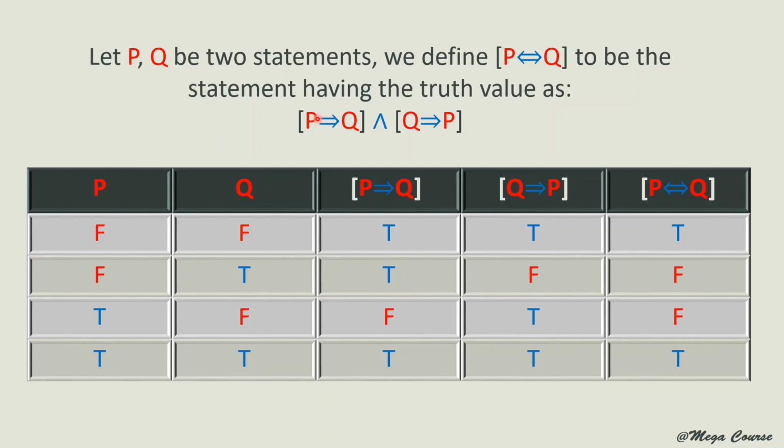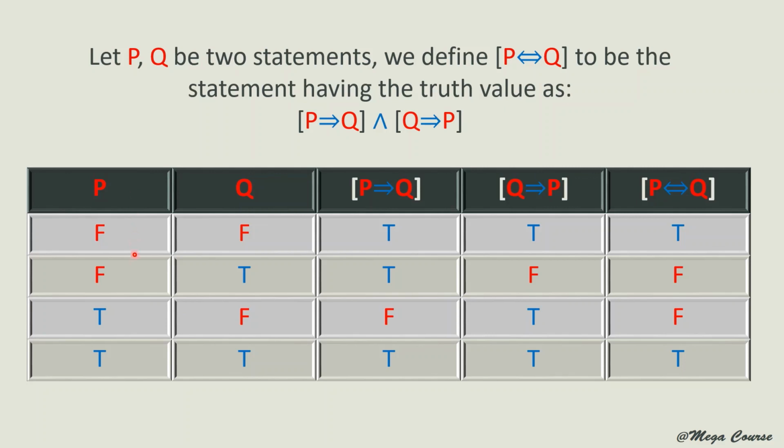In previous videos you should watch, we talked about P implies Q and Q implies P as well, and we discussed the truth table about these two statements. Now let's see the truth table about P equivalent to Q. P is false, Q is false, P implies Q is true, Q implies P is true.